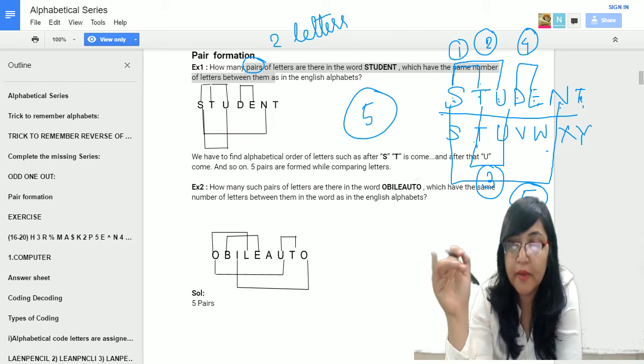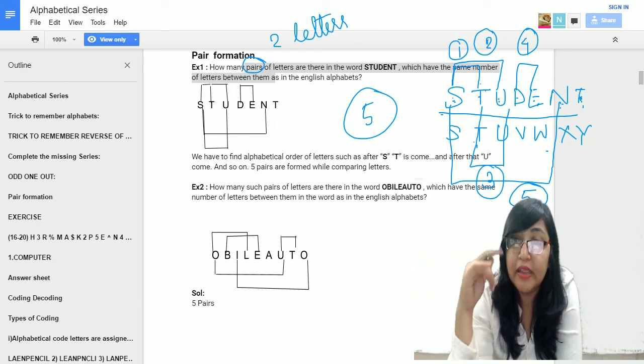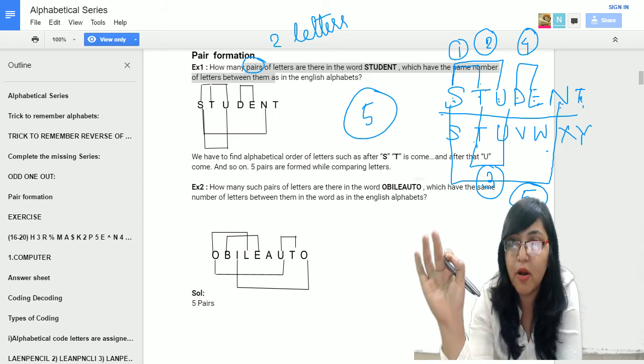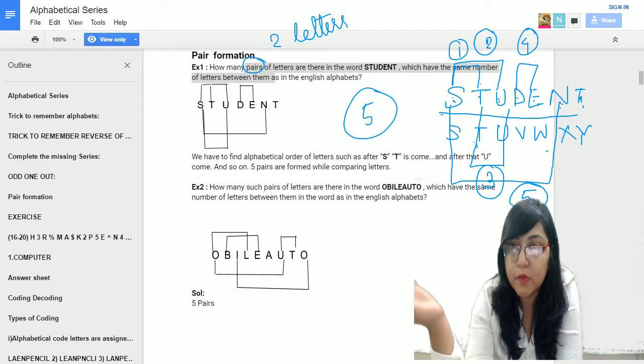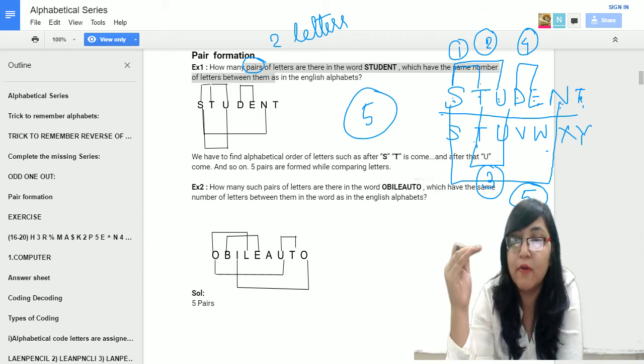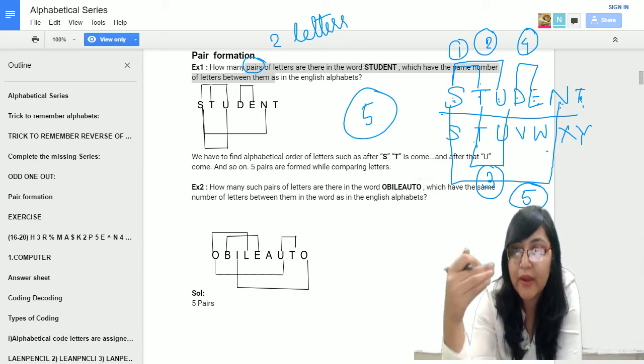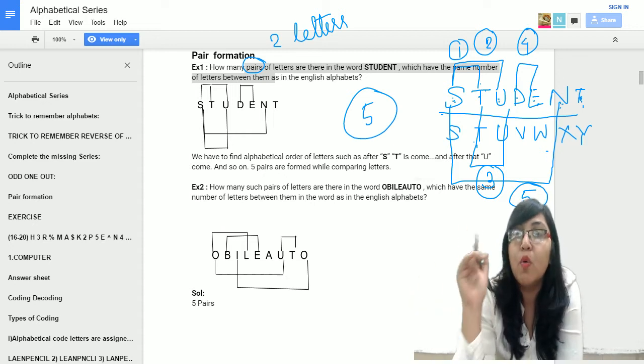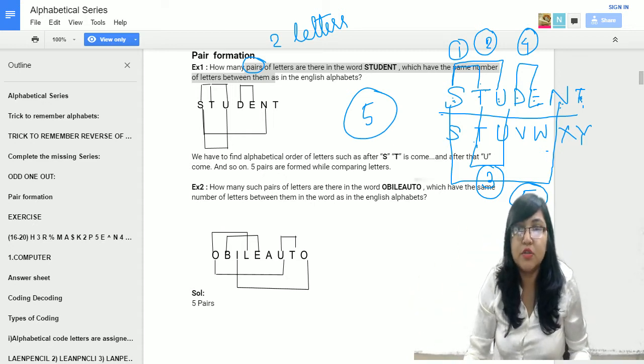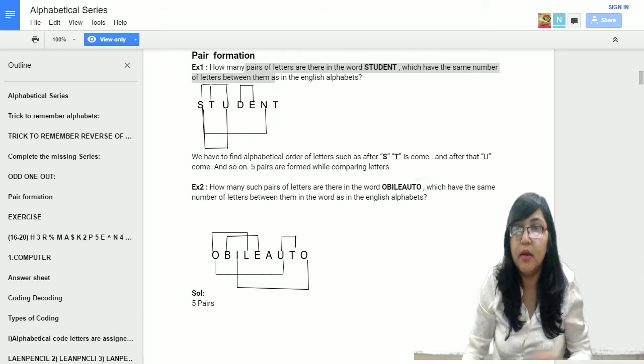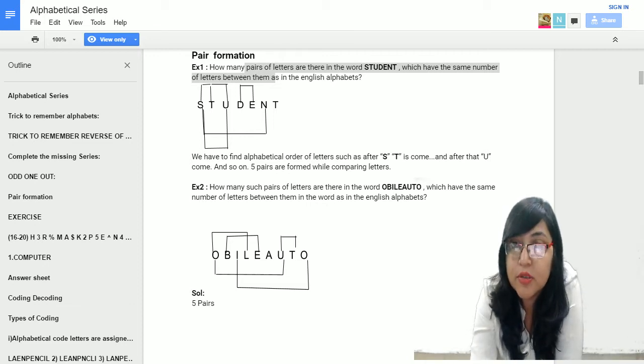Now see students, if you are very comfortable with the alphabets, then you can continue with this. But if you are not comfortable with the alphabets, because most of the students forget what alphabet comes after N, or after U, or after K, what you can do is go by the place values, because place values make your calculation very easy.